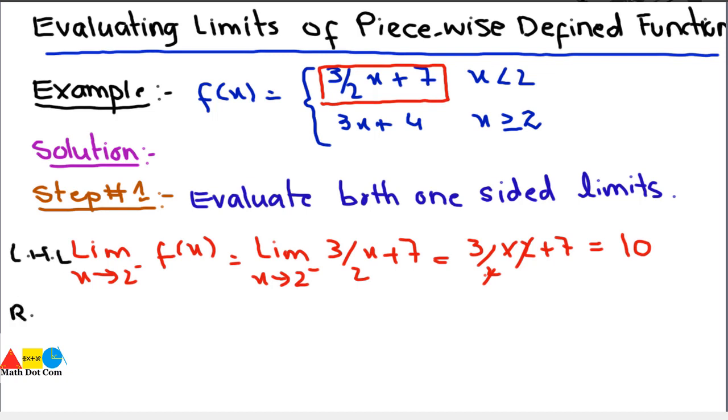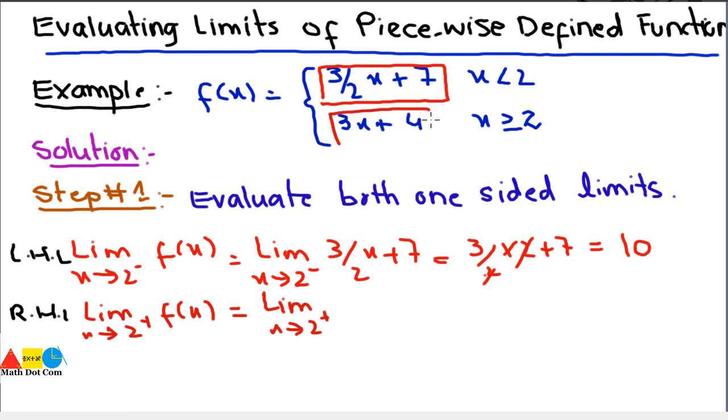Now we will find the right hand limit. That is limit of x approaches 2 plus f of x is equal to limit of x approaches 2 plus. Now this is a right hand limit and it means that x is approaching 2 but it is greater than 2, as there is a positive sign. So which function will we take?